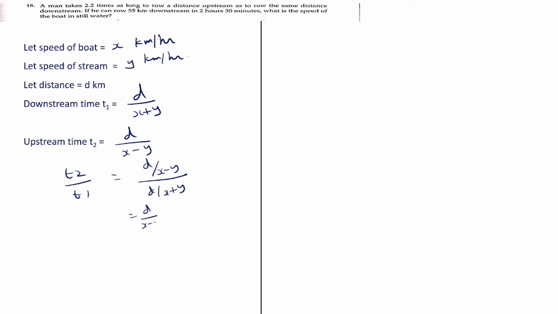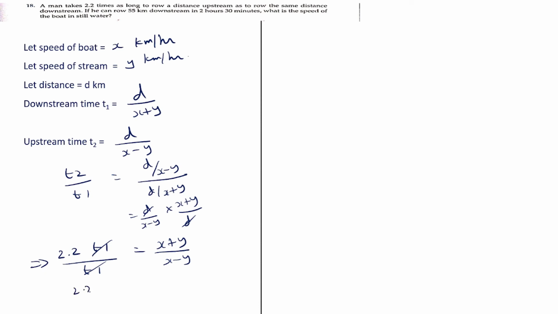So it is d by x minus y into x plus y by d. Here it is given the man takes 2.2 times as long to row upstream than to row downstream. So t2 is 2.2 times t1, so t2 upon t1 equal to x plus y by x minus y.